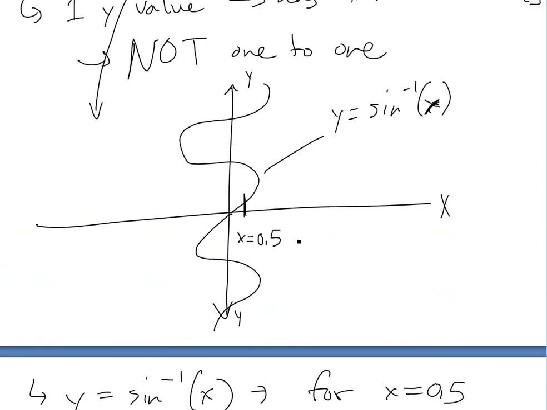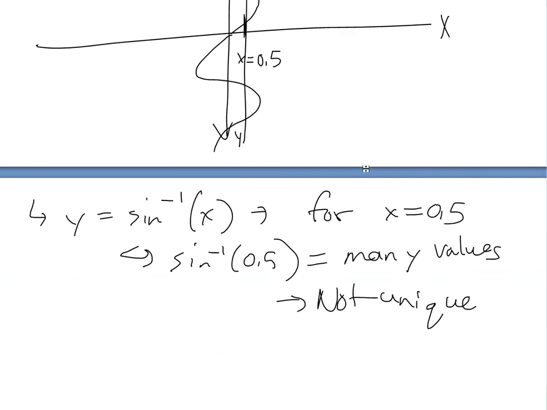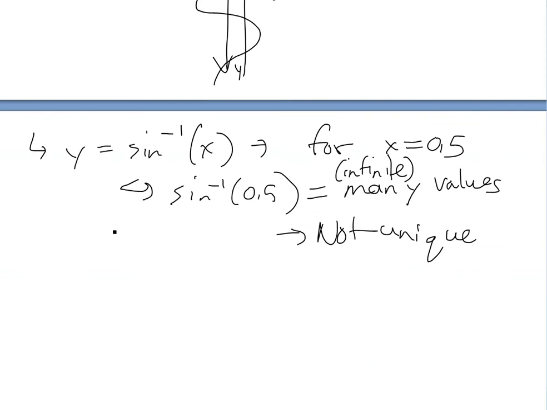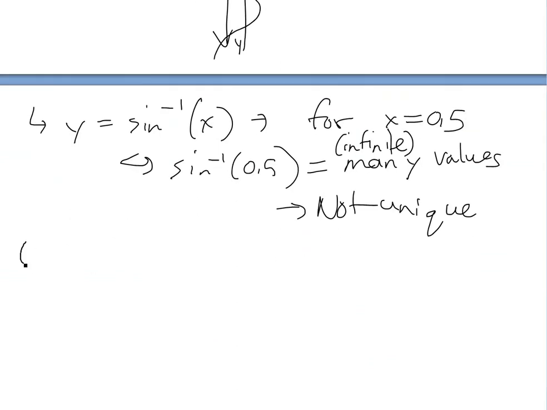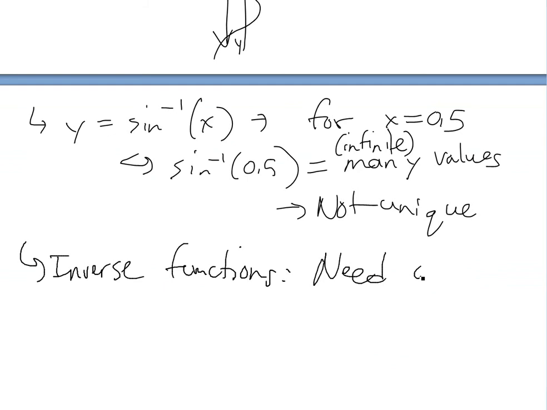We'll have tons of values, infinitely many. This is a problem here. So the inverse is not defined for these. For inverse functions, you need one-to-one. Otherwise you can't do the inverse.